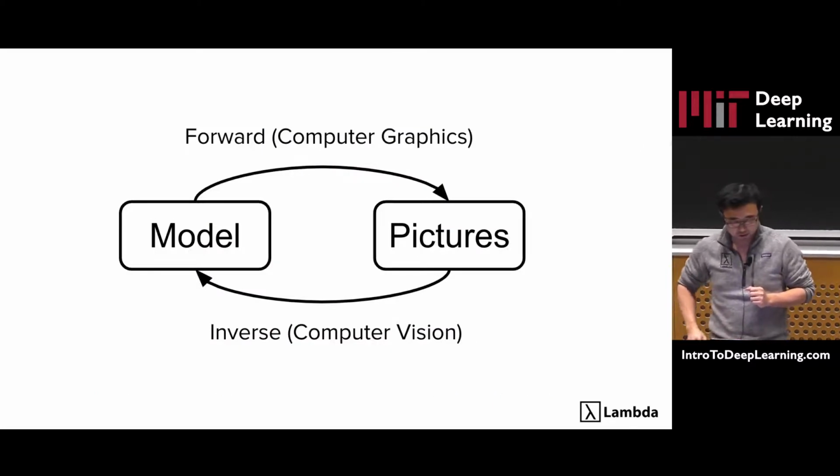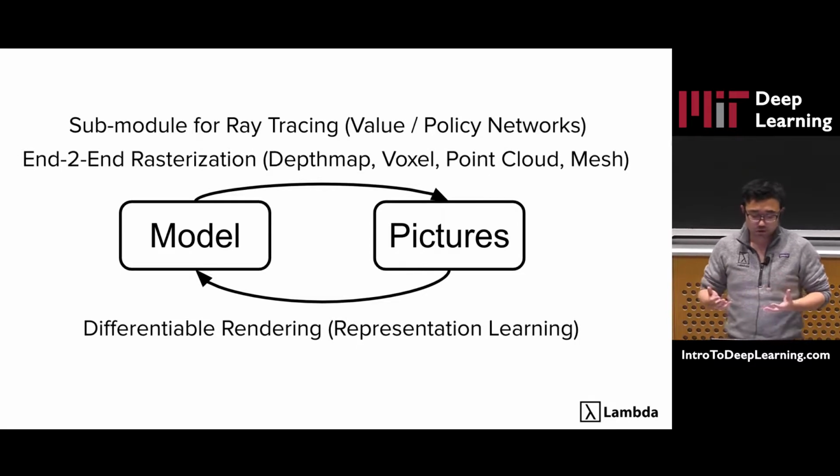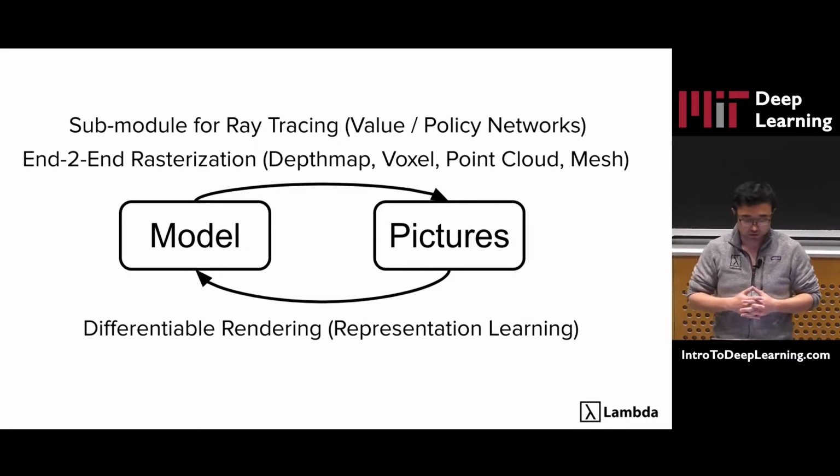Okay, I think it's probably a good time to start to draw conclusions. At the beginning of this talk, we asked the question, can neural networks be helpful to forward rendering and inverse rendering? And I think the answer is yes. We have seen neural networks being used as a sub-module to speed up ray tracing. And we have seen examples of the value-based approach and the policy-based approach.